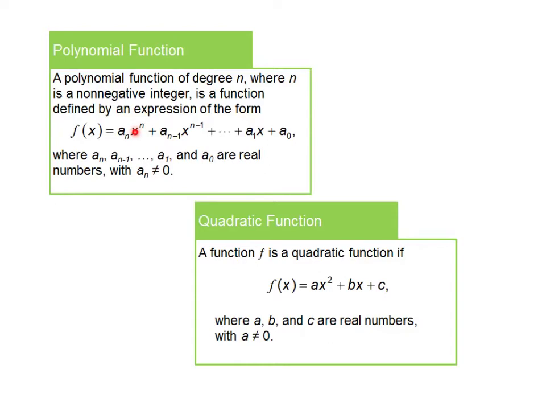So a polynomial is anything that's got some coefficient or some exponent on x. Quadratic specifically is when your x is squared. And this a value cannot be 0, because if it was 0, then it would be linear, not quadratic.